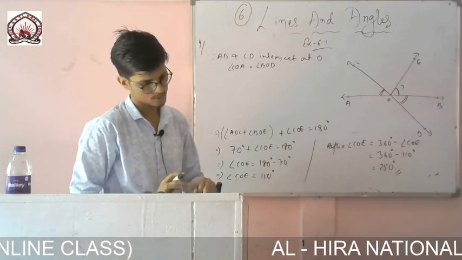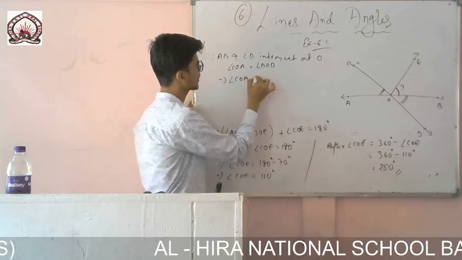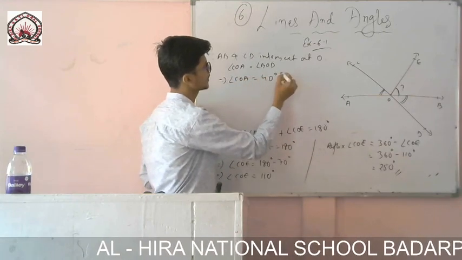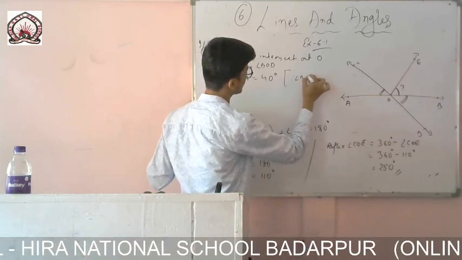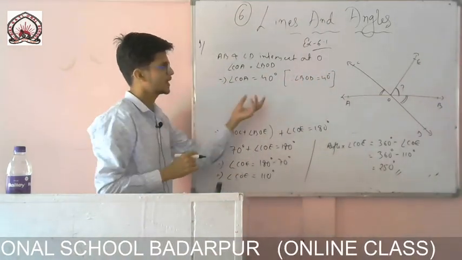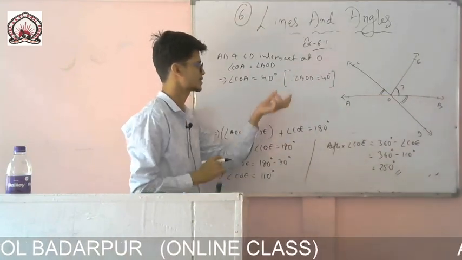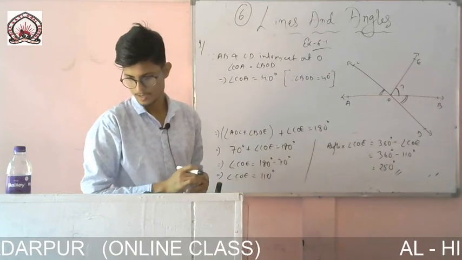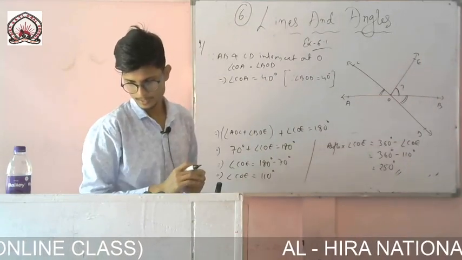You see in the question, the value of BOD is given as 40 degrees. You can write here, since angle BOD is given as 40 degrees. This one I have written, so if you write it, it will be good. So COA is equal to 40 degrees.